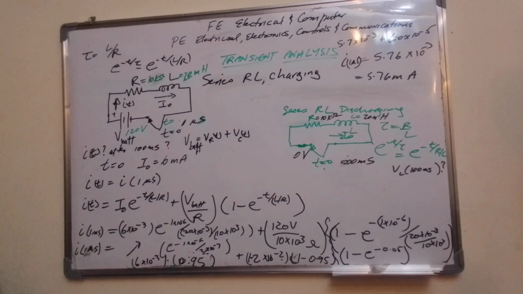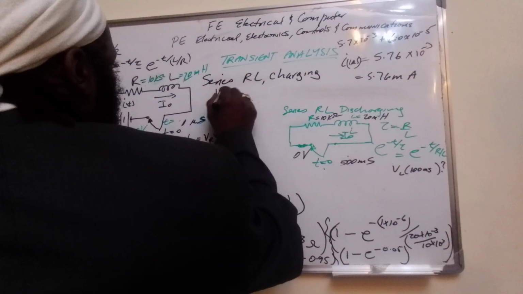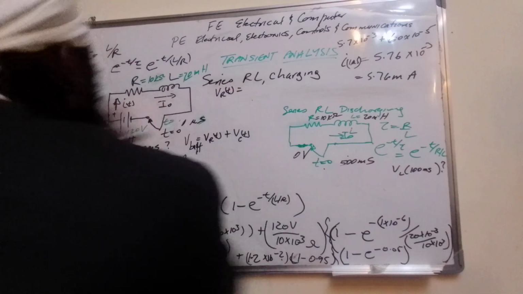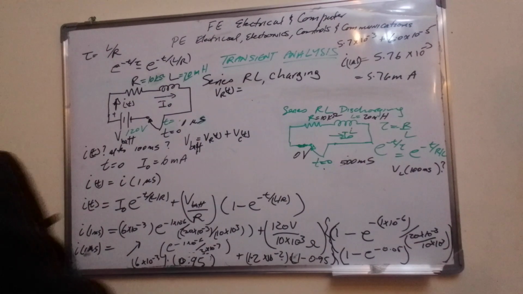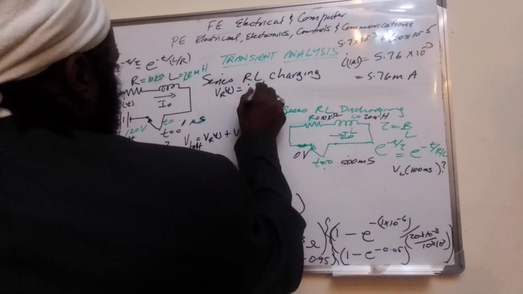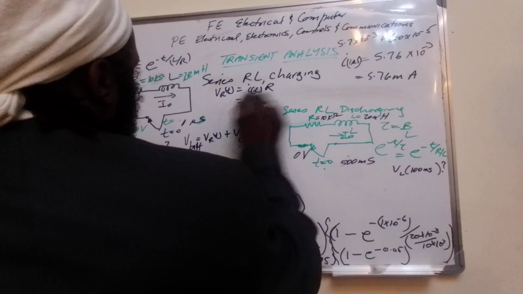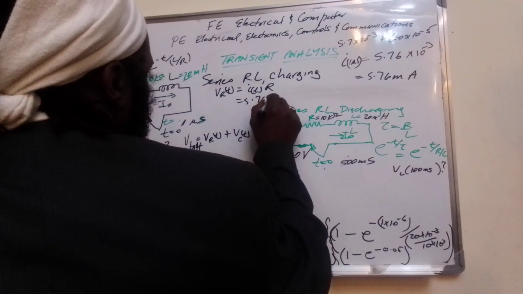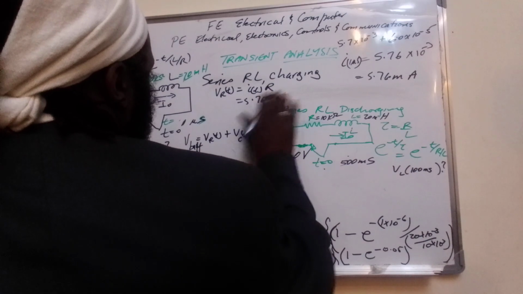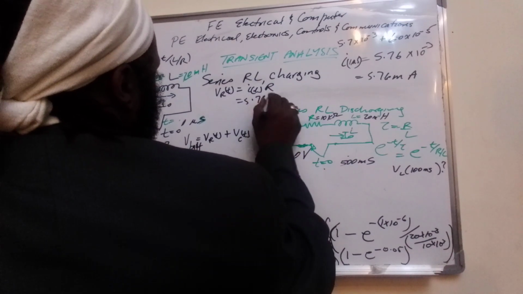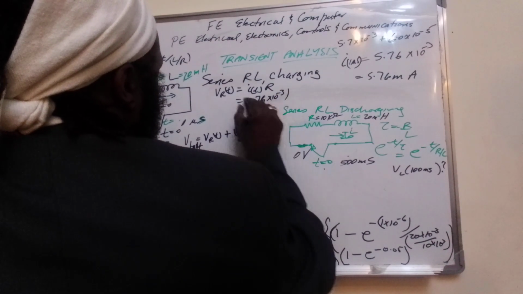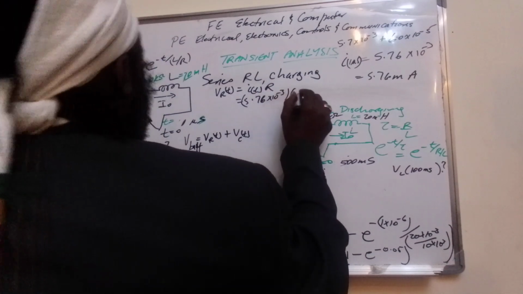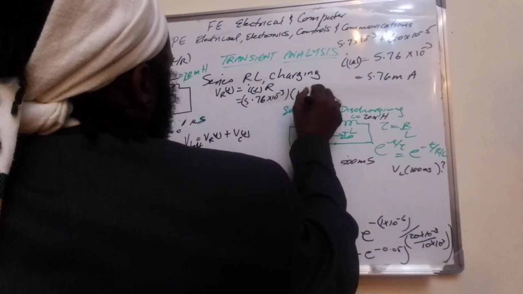Well, voltage across the resistor at that time of 1 microsecond will be I of t times R. I of t is then 5.76 milliamps, or 5.76 times 10 to the minus 3 amps, times the resistance of 10k, 10 times 10 to the third.